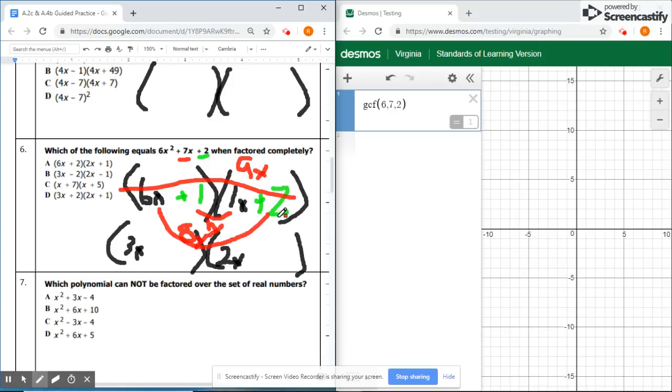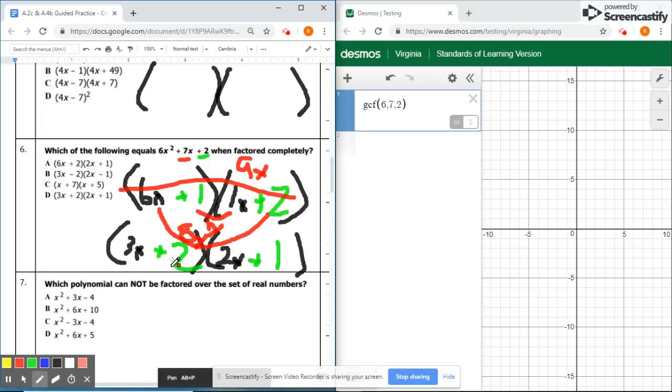So I don't think that it's going to be 6x and 1x, but we still need to try the 3x and 2x. So again, the only way to get 2 is 1 times 2. I know the 2 can't go here because otherwise there would be a GCF in this binomial. So I'm going to try the 2 over here and the 1 here. All right, again, it has to be positive, positive.